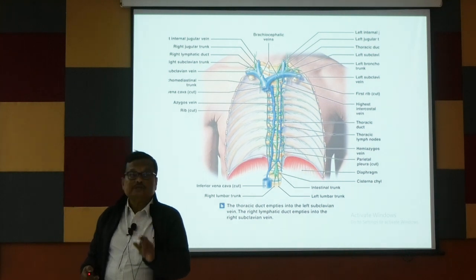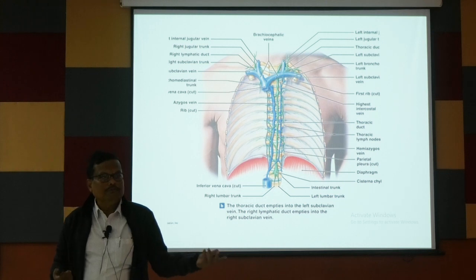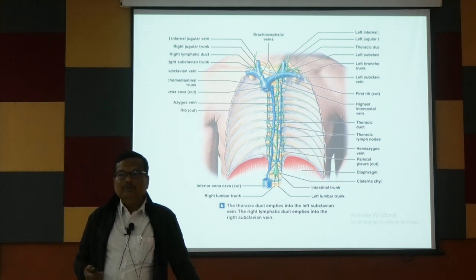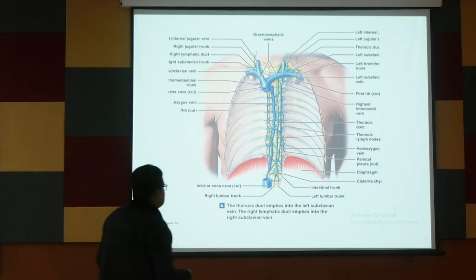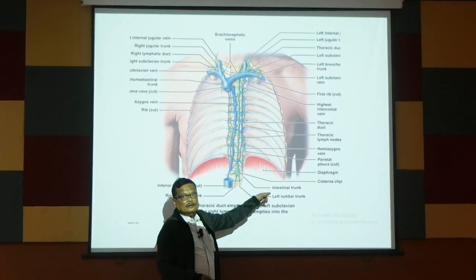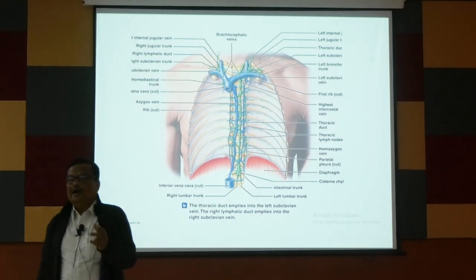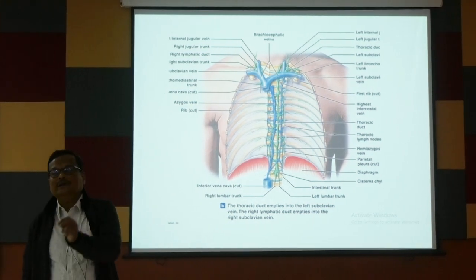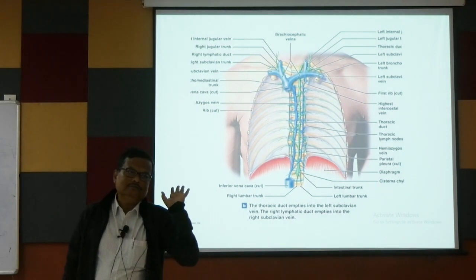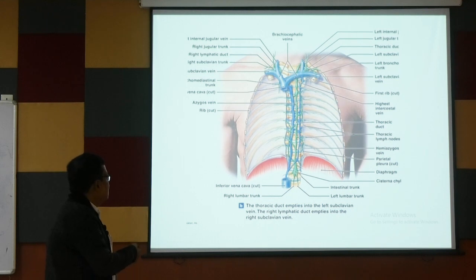But you can ask me, if it goes to the blood, it will be the same thing, how will the fat go? No. Before this, there is another organ. This is known as the liver. The liver modifies this fat and transforms it into fatty acid and glycerol. These are soluble, which you will read later.